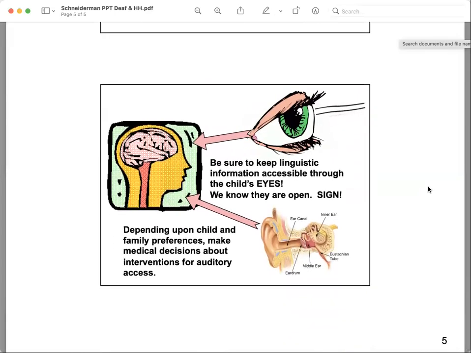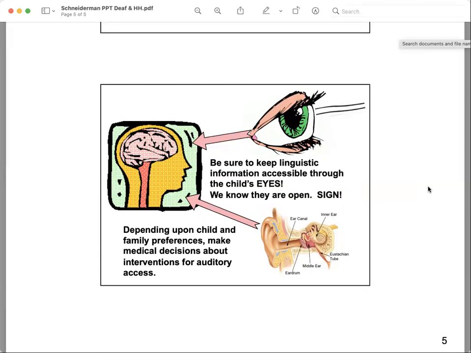If the incoming information to the brain is distorted, then that's really problematic and the child won't be able to interpret the meaning of the incoming sounds. So a hearing aid won't help them with loss of sound.